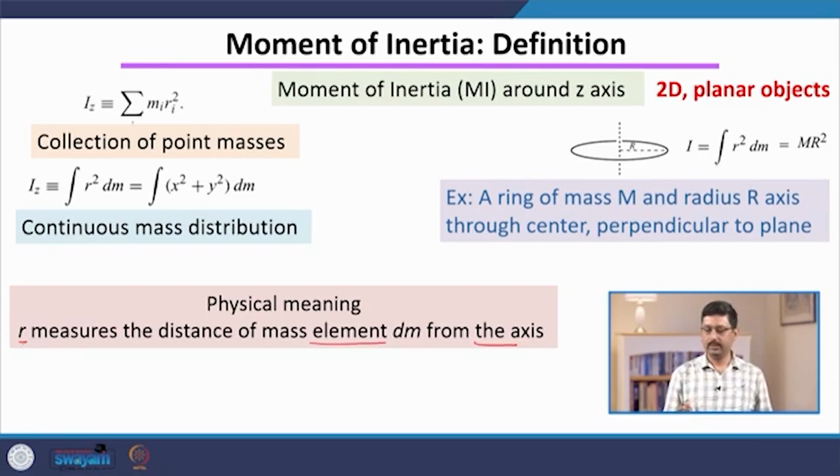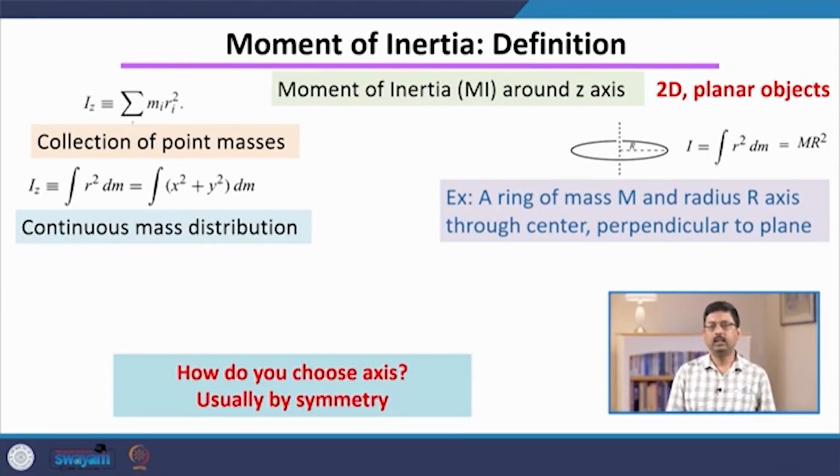So, this distance is important, and that is why moment of inertia is not simply the mass, but is a combination of how the mass is distributed in space. So, we have this pivot point, and what is important is the extent of the distribution from the pivot point. This is the physical meaning which distinguishes the mass and the moment of inertia.